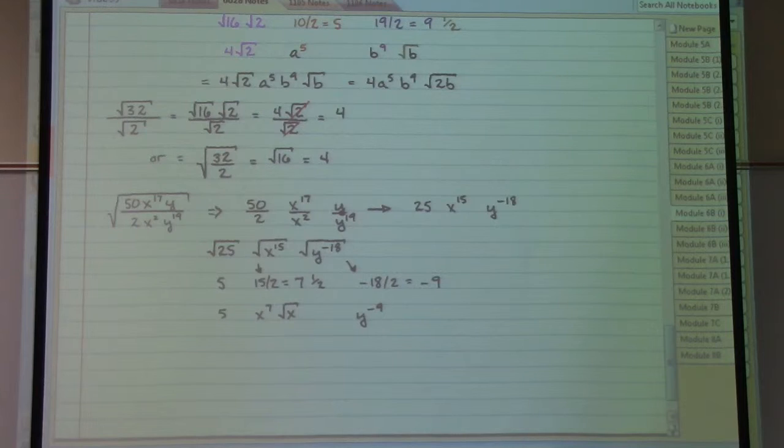And that gives us as our final answer a 5, x power of 7. Let's do our y stuff next because that's more normal looking, and our square root stuff at the end.